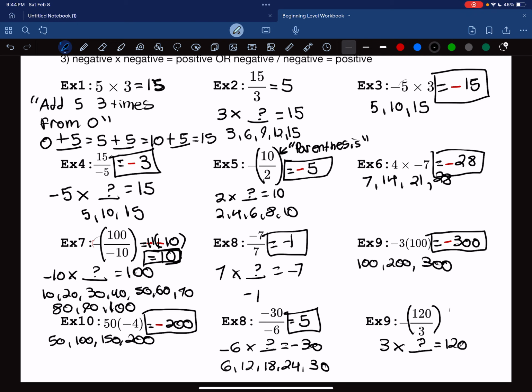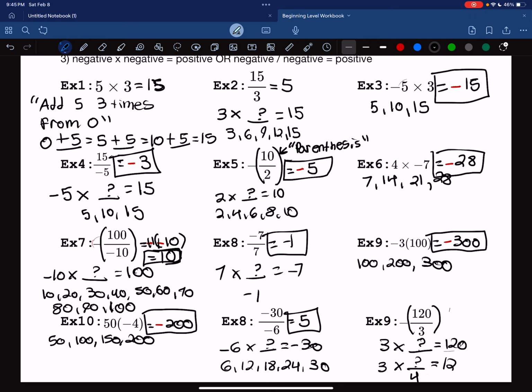So you might be thinking, well, if you count by threes until you get to 120, that would take an awful long time, right? So another way you can think about this problem to help simplify it, to do it mentally, is you can ask yourself, 3 times what will get you 12? And in this case, 3 times 4 will get us to 12.